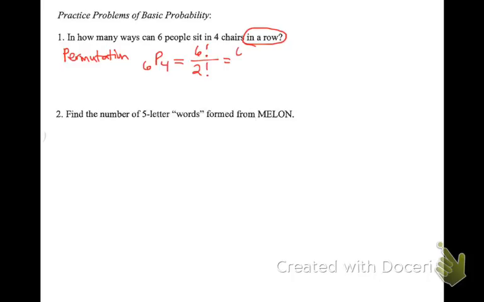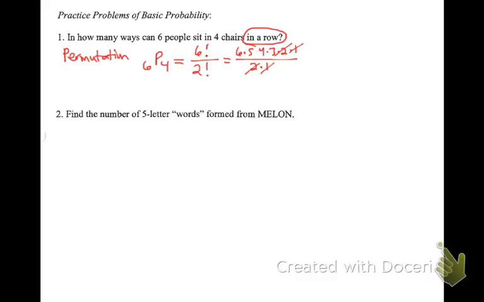So 6 factorial is 6 times 5 times 4 times 3 times 2 times 1, and 2 factorial is 2 times 1. Now with all these permutations and combinations problems, when we use the formulas like this and write it out the long way, they will always cancel nicely to become integers. Okay, so for instance, these 2's cancel and these 1's cancel. So we just essentially have 6 times 5 times 4 times 3.